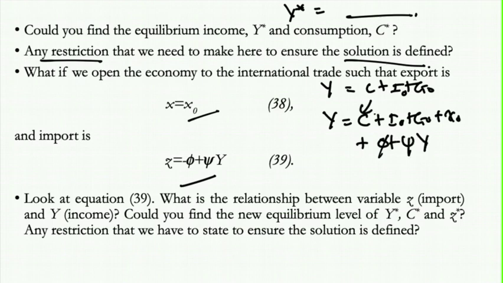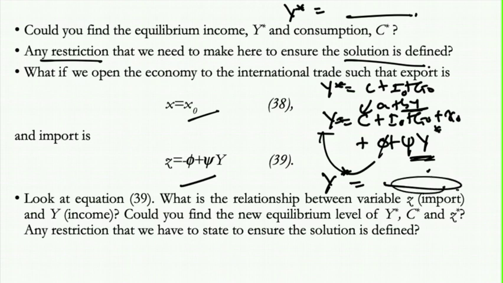Then you put C = A + BY here. You can see Y here and Y here. Bring these two Y to the left and solve it so that Y is on the left-hand side. We call it Y star, and the rest is on the right-hand side.